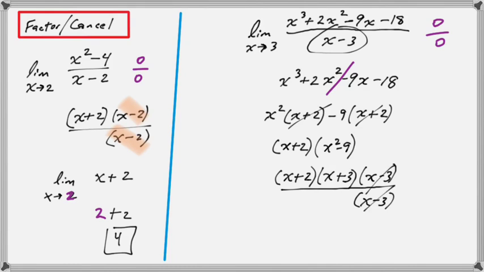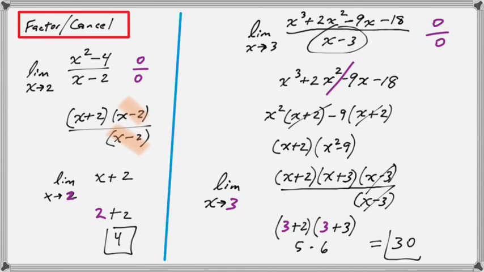So now I'm left with this, and I'm going to substitute in a 3 for these x's. So I have 3 plus 2 times 3 plus 3. That would be 5 times 6, making my result 30.